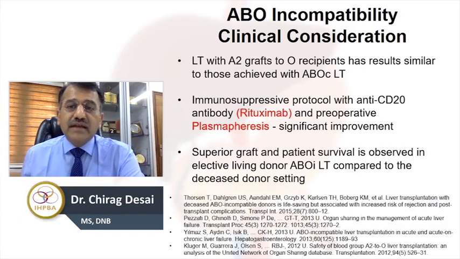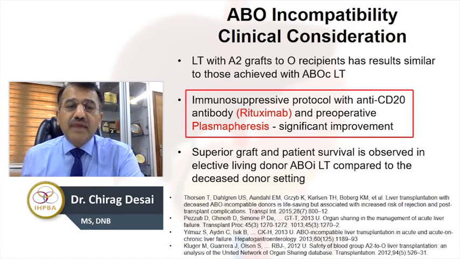So things like rituximab and preoperative plasmapheresis have been utilized to reduce the immunogenic response post-transplant, and this provides superior graft and patient survival after transplant.